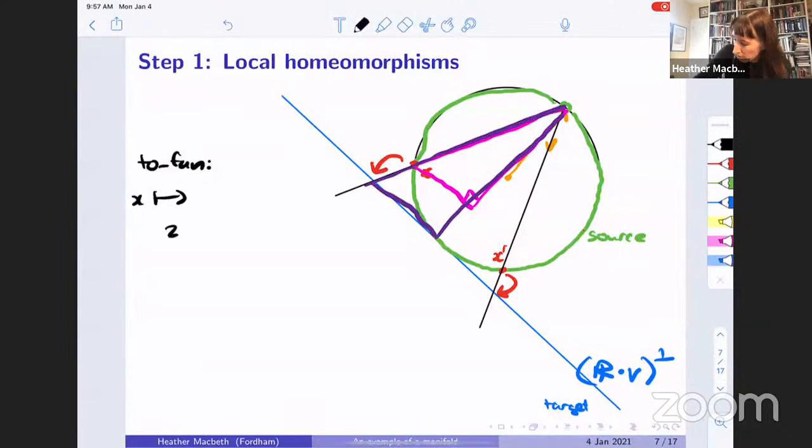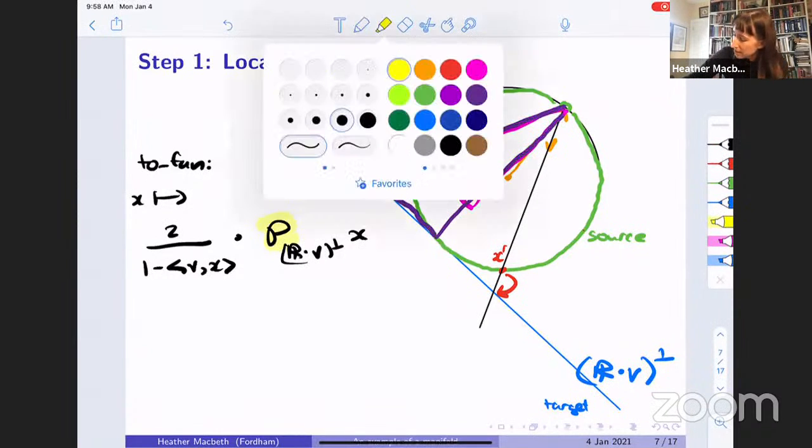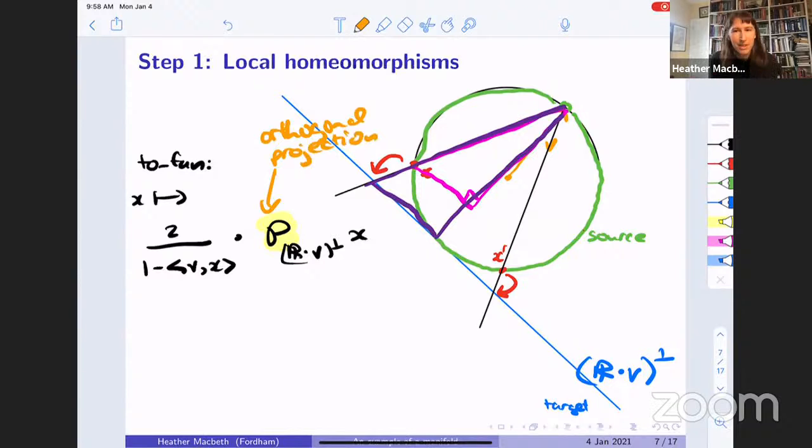So it's sent to the scale factor, 2 over 1 minus the inner product of v with x, times the projection onto our orthogonal complement of x. This, incidentally, I'm going to use in the talk to mean the orthogonal projection. And I didn't make a notation for this in Lean, but maybe I should. So that's our formula for the forward function.